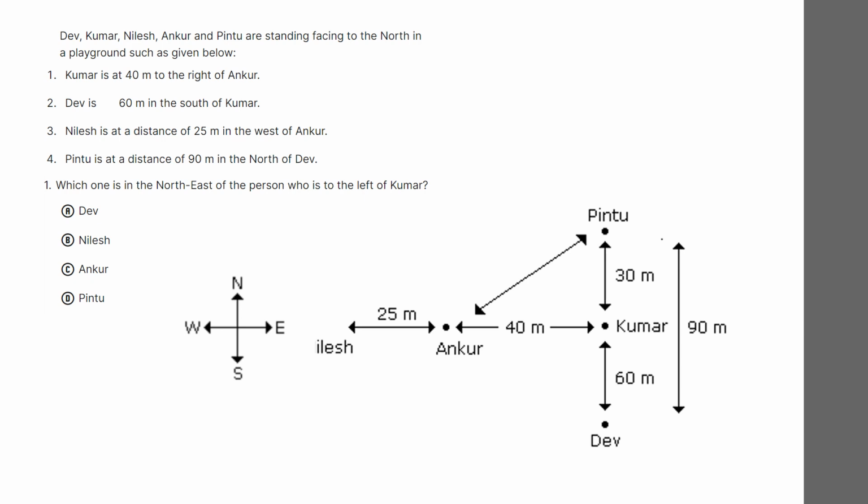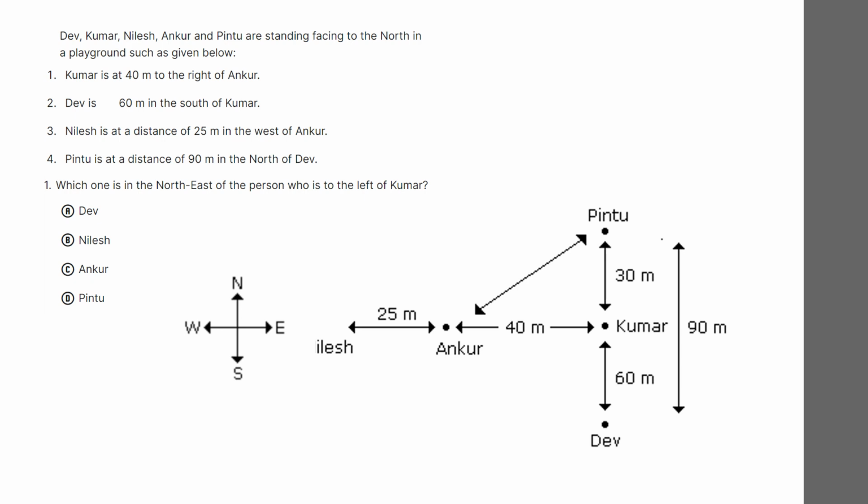What is this position? It is nothing but Nilesh at a distance of 25 meters. Now fourth point indicates Pintu is at a distance of 90 meters in the north of Dev. So we should go back to Dev and then only we can proceed for the 90 meters to position Pintu.